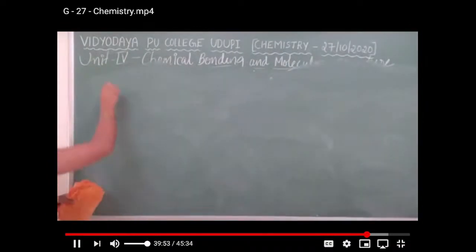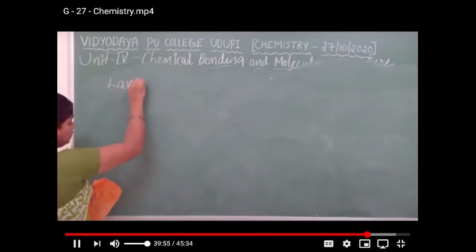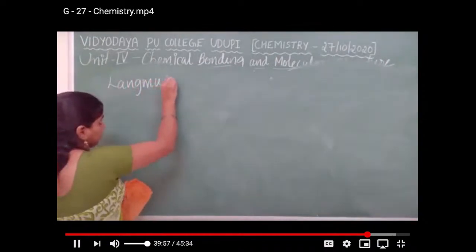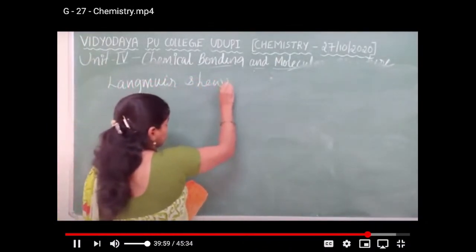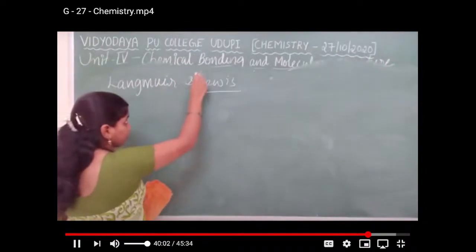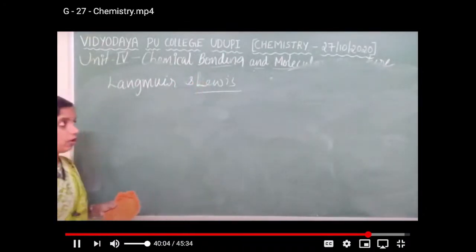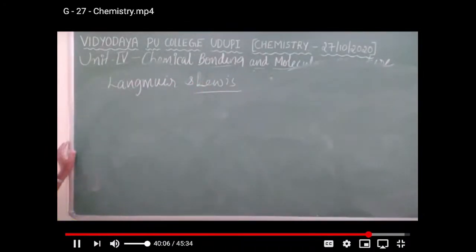Later, Langmuir improved the octet theory and used the term covalent bond.